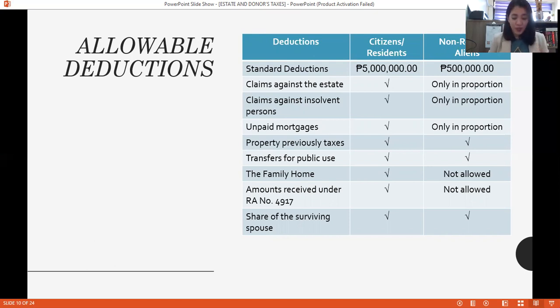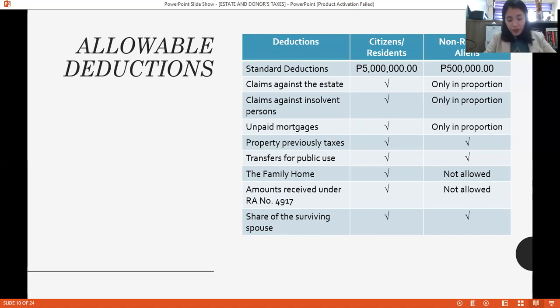So, kunyari, namatay siya, yung utang is kinuha siya within 3 years bago siya namatay, kailangan magpakita ng statement kung saan ginastos yung loan. Okay? Ang intention dyan, baka kasi hindi na si decedent yung umutang niyan. Hindi siya yung umutang. Okay?